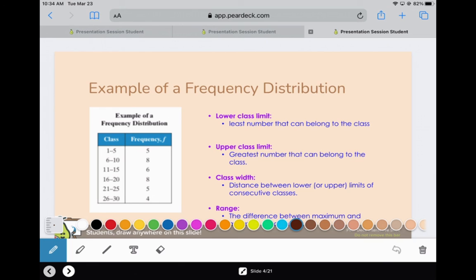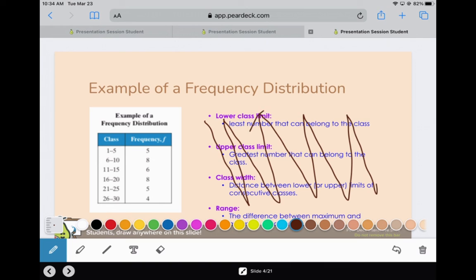So can you do me a favor? Move back to slide 4, all the way to slide 4. There is a table. That is the table that I want you to use, and I want you to construct the frequency histogram. We're not going to look at lower class limit. We're not going to worry about those.